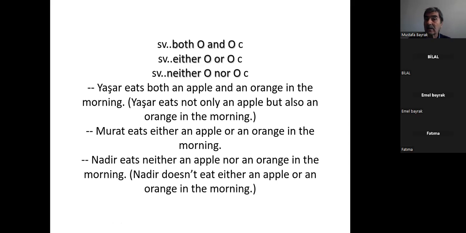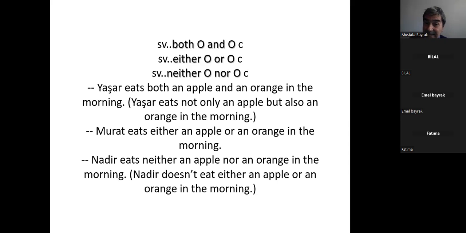Now, Murat eats either an apple or an orange in the morning. I am not sure which of them, okay? But I am sure that Murat eats a kind of fruit in the morning. Nadir eats neither an apple nor an orange in the morning.